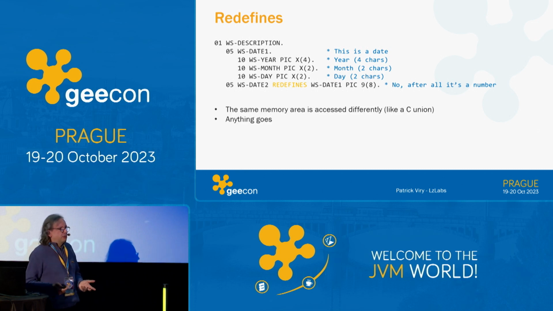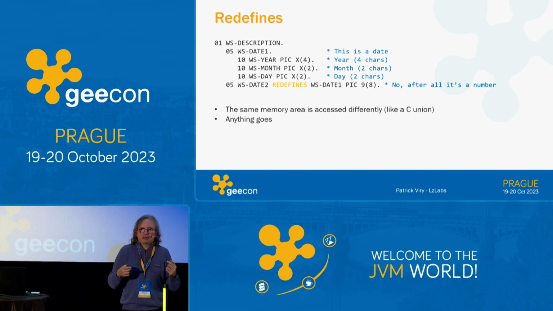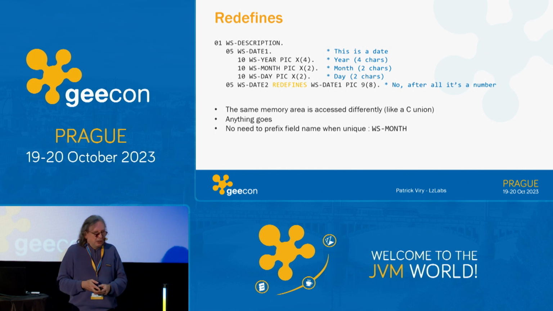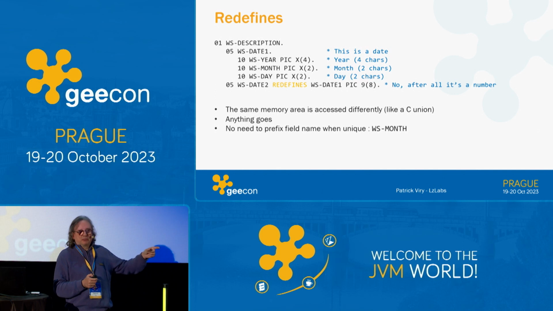Anything goes. So the compiler will not prevent you from reinterpreting a date as a floating point number, for instance. Okay? So it's up to you. A feature that is very often used in Cobol and is quite different from languages like Java is that when the field name is unique, you don't need to prefix it with the structure name where it's contained.